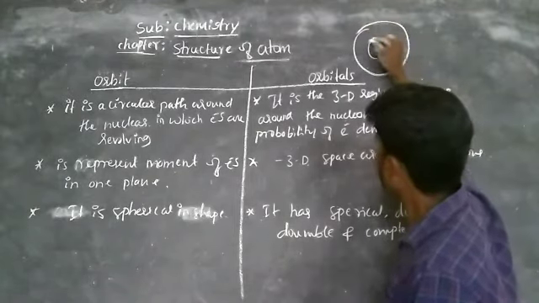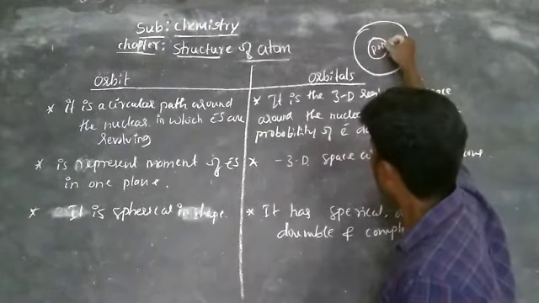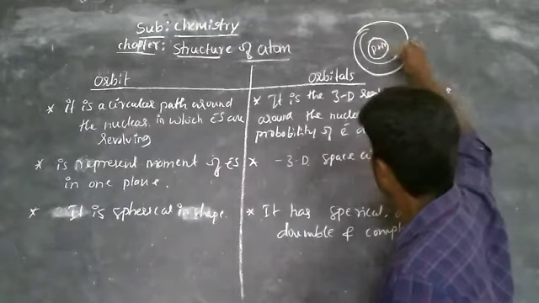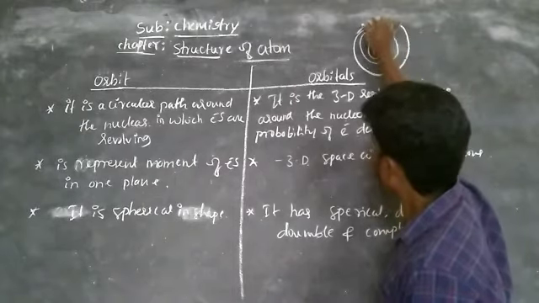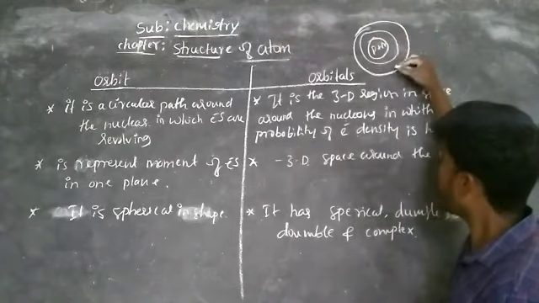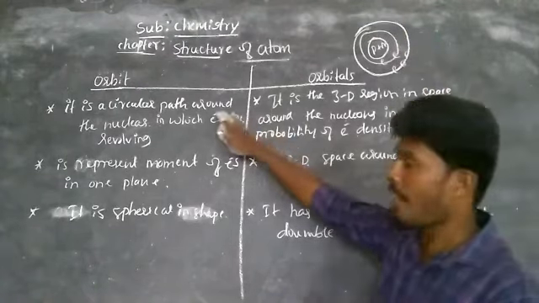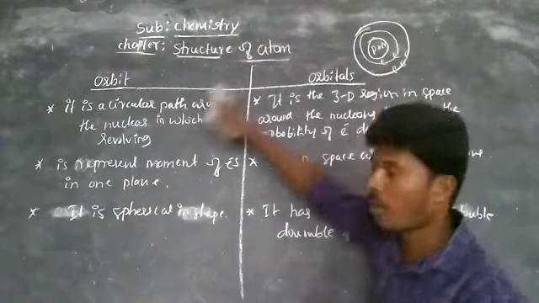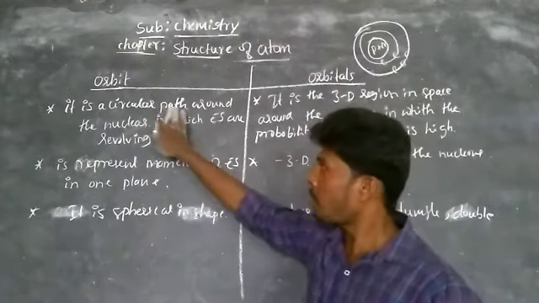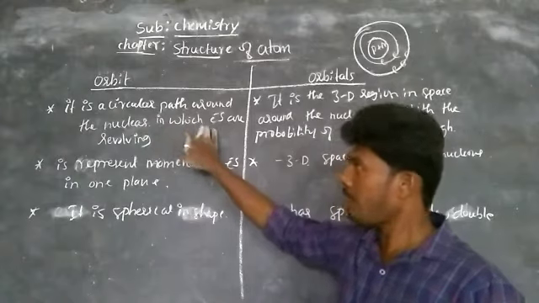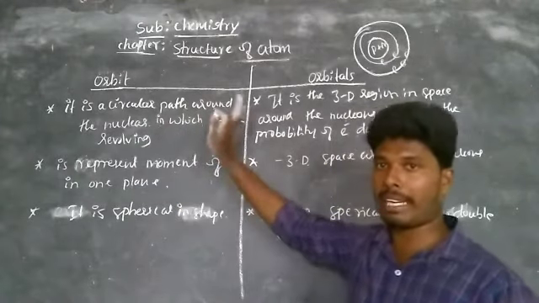Inside that there is a nucleus, it consists of protons and neutrons. There are so many orbits around the nucleus. This circle is called an orbit. It revolves around the nucleus, and in this orbit electrons are revolving.